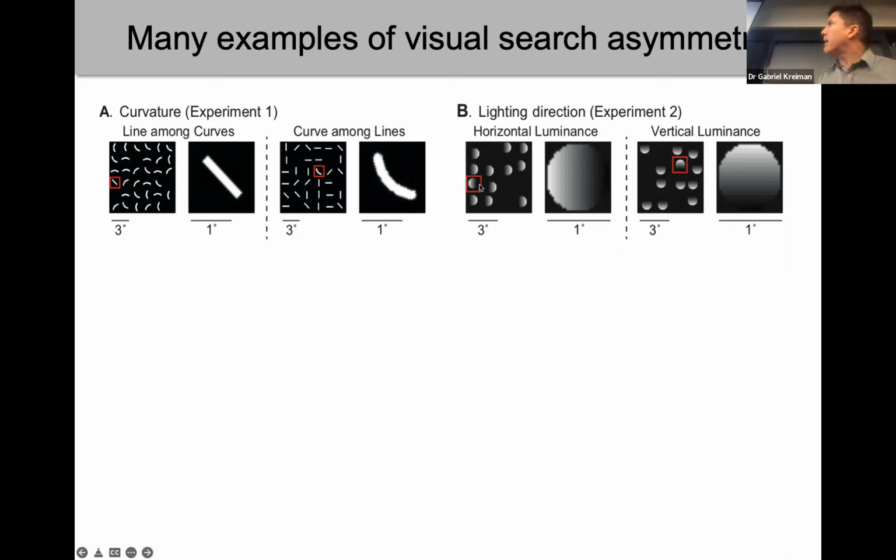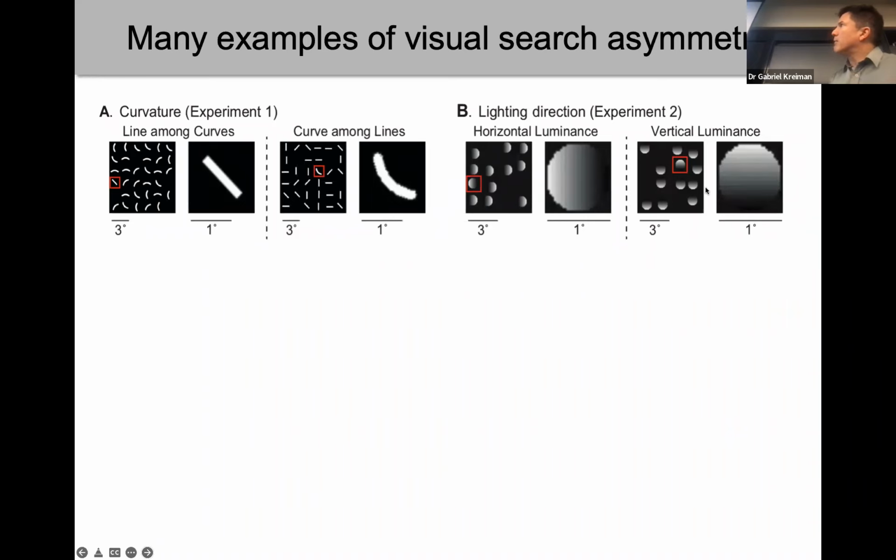In this case, you're looking for an object that's illuminated from the left among distractors that are illuminated from the right. Whereas in this case, you're searching for objects that have illumination from the top with distractors that are illuminated from the bottom.